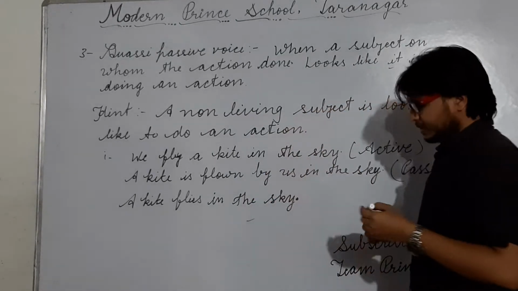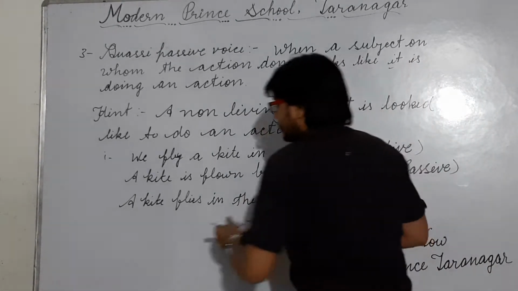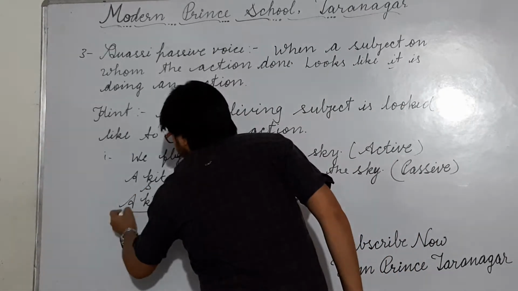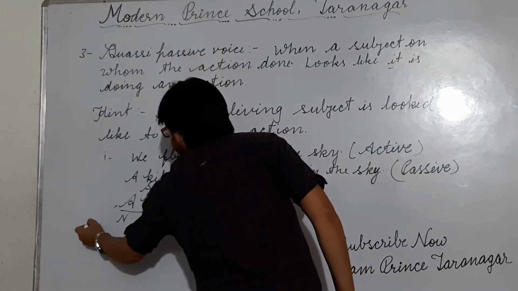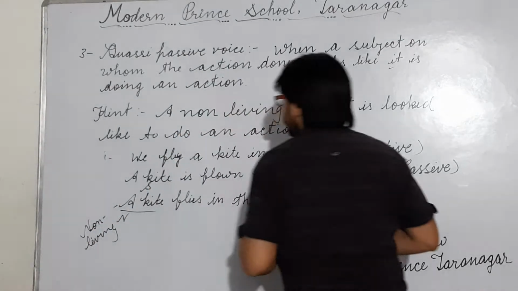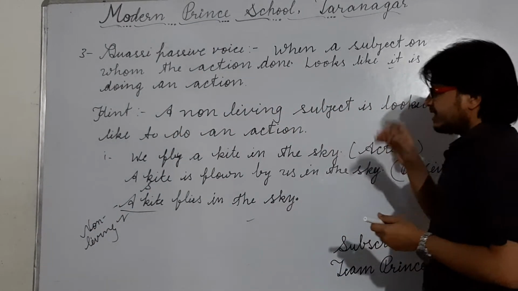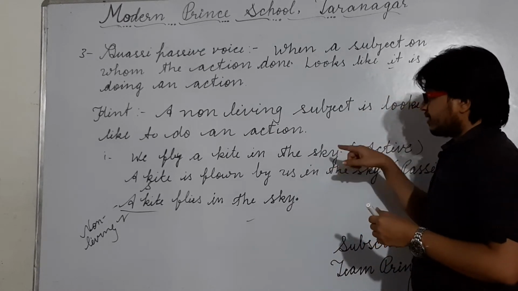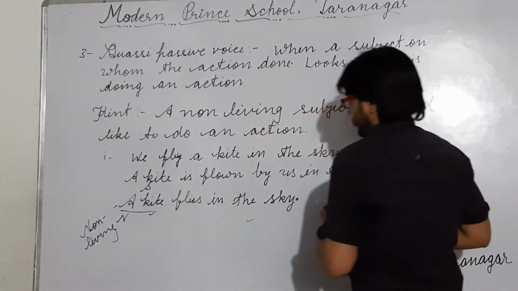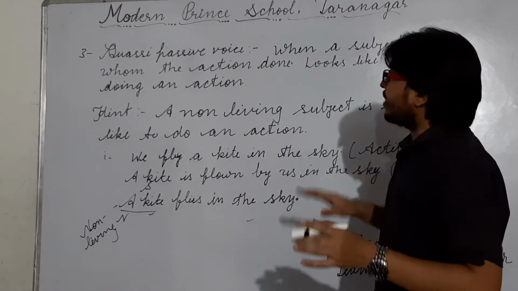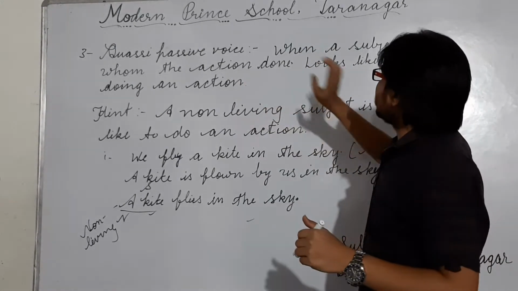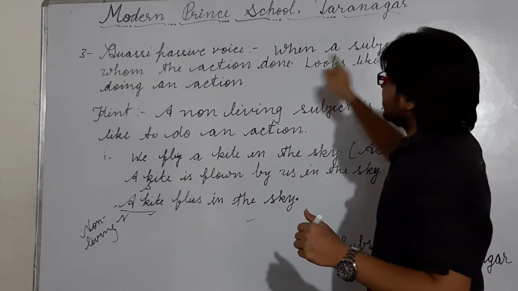In this particular sentence, you can see that a kite works as the subject and it is a noun, but it is a non-living subject. But this sentence shows that the noun is doing the action. Okay, you have to remember only one thing: a subject on whom the action is done looks like it is doing an action.